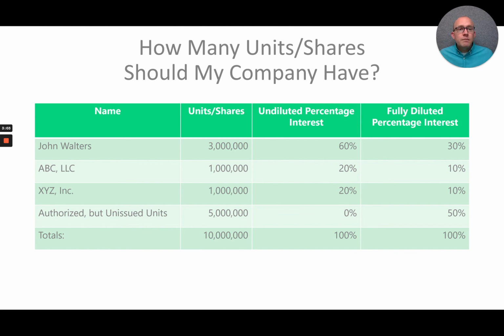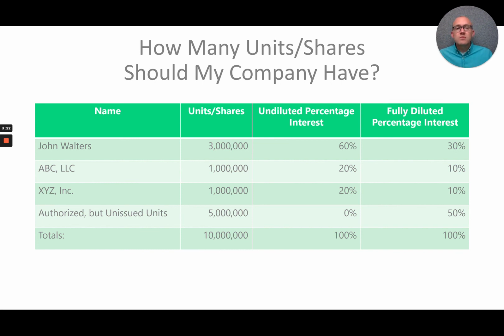So my rules of thumb, and basically what I typically do, is for a company that's going to be using their shares to incentivize and retain employees and take on investor dollars, I typically go with 10 million as my rule of thumb, as I've done here.